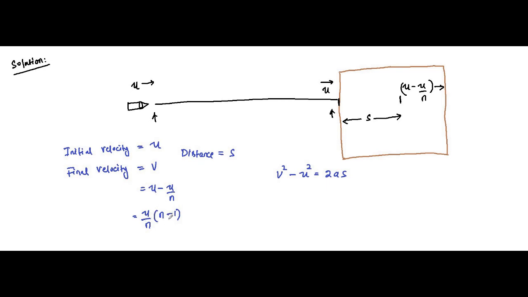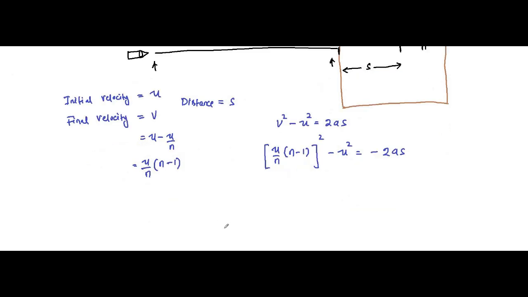So we substitute the final velocity v with u by n into n minus 1, this whole square, minus u square is equal to minus 2as. Why? Because it is retardation we are talking about. So that's why minus 2as.